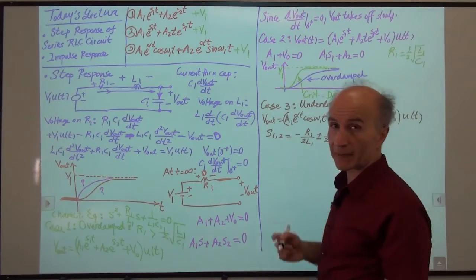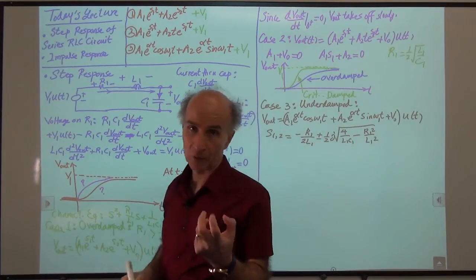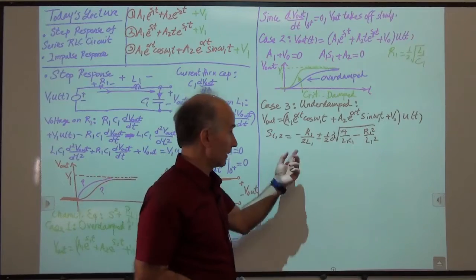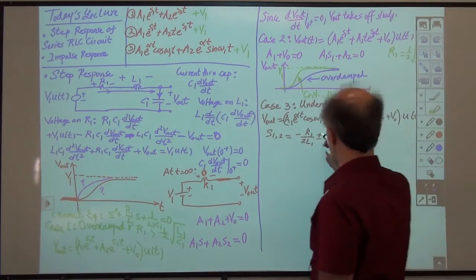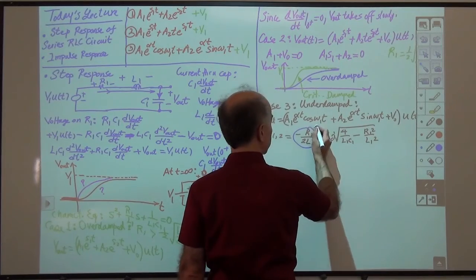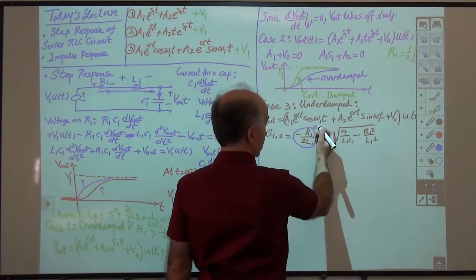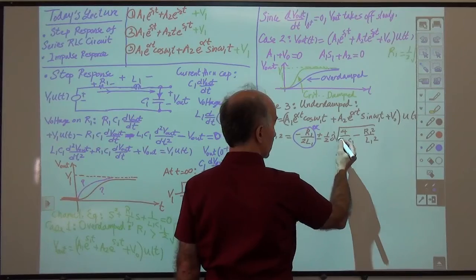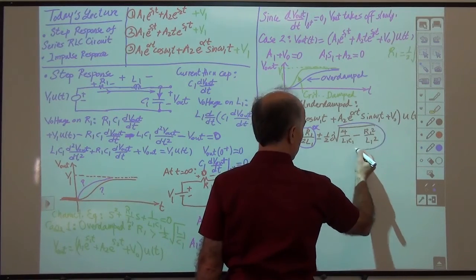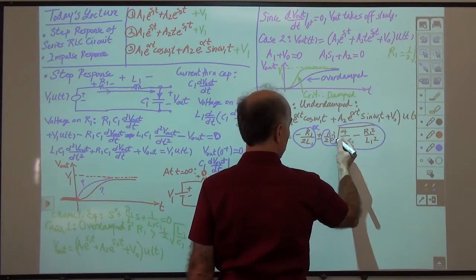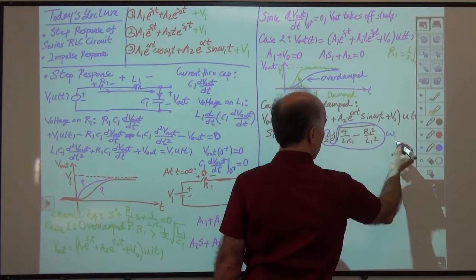This is what I've done in the past to find alpha and omega 1. So in this equation, alpha is known to be this one here, and then omega 1, the frequency of ringing approximately, will be this one here. So that's omega 1.